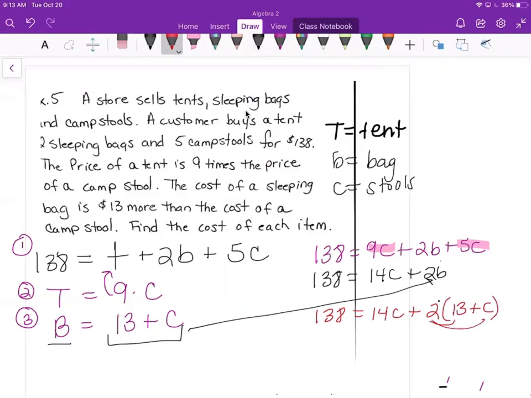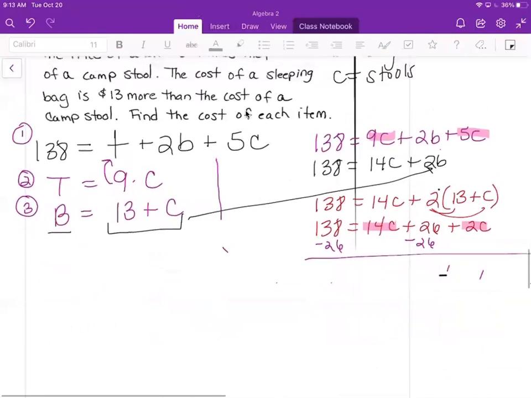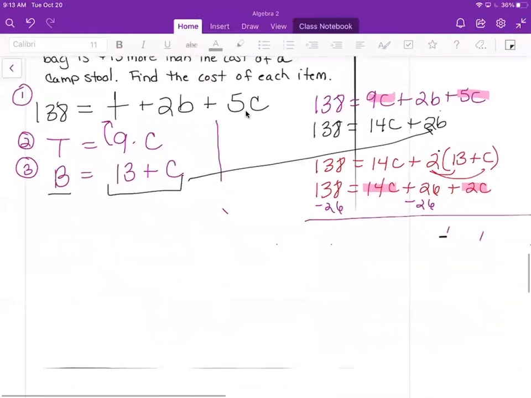We're going to distribute. 2 times 13 is 26, and 2 times c is 2c. We're going to go ahead and combine our like terms. I'm also going to subtract that 26 from both sides.